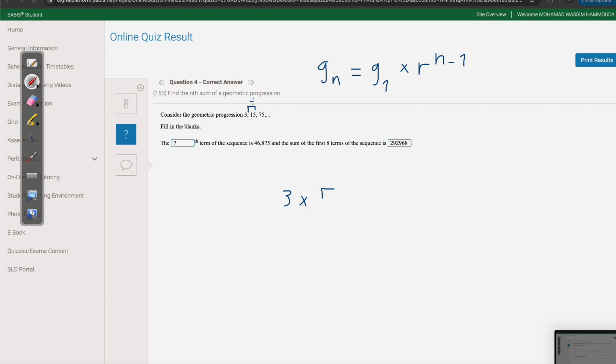So that would give us 5 to the power of n minus 1. Then you equate it to 468,75, right? Plug this into the calculator. 3 times 5 to the power of x minus 1 is equal to 468,75. You'll get 7, which is a good thing. We got the answer right.